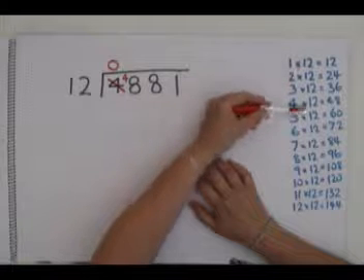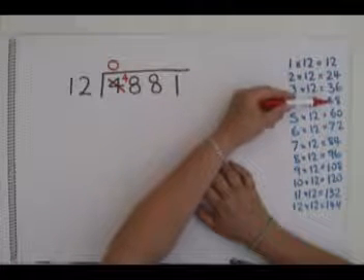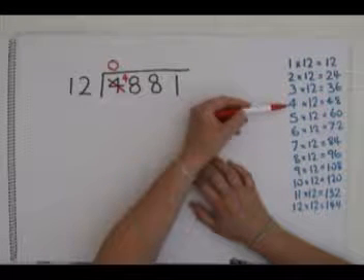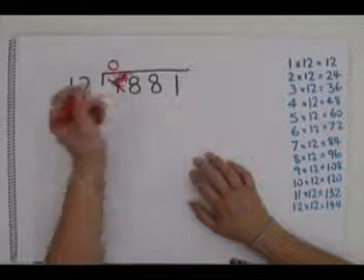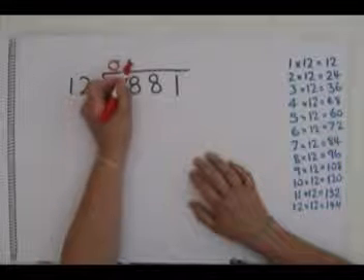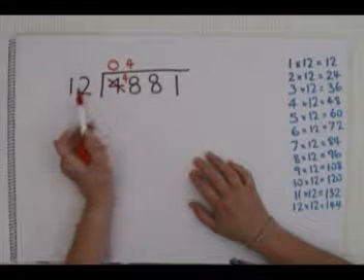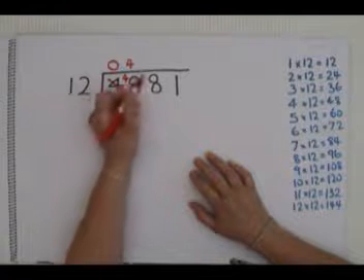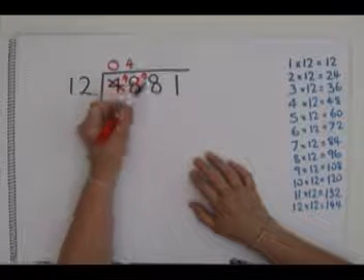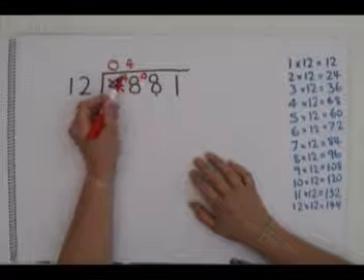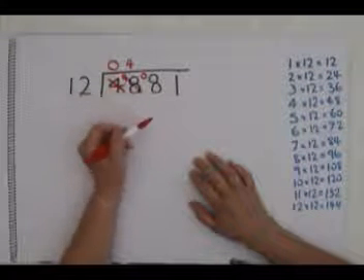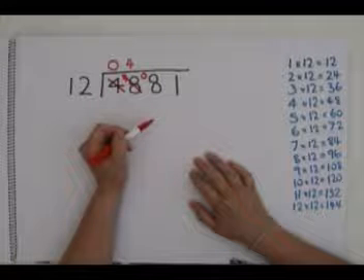Looking at our times table, we see that 12 fits into 48 exactly 4 times. We write 4 here, and as 4 times 12 is 48, there's nothing to carry over. We can write a 0 there if it helps us, and we can cross out that part of the sum because we're finished with it.